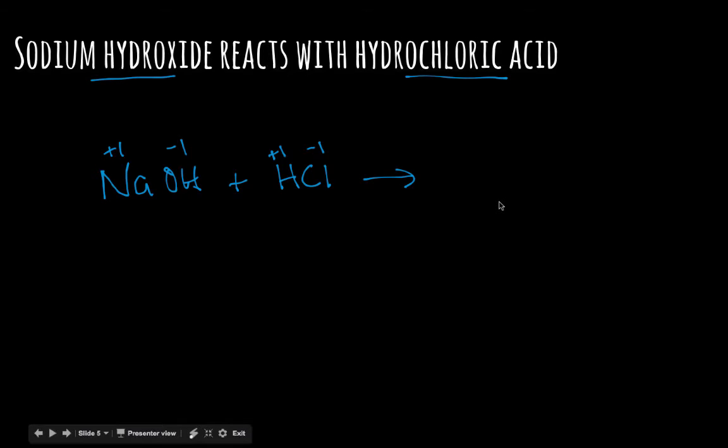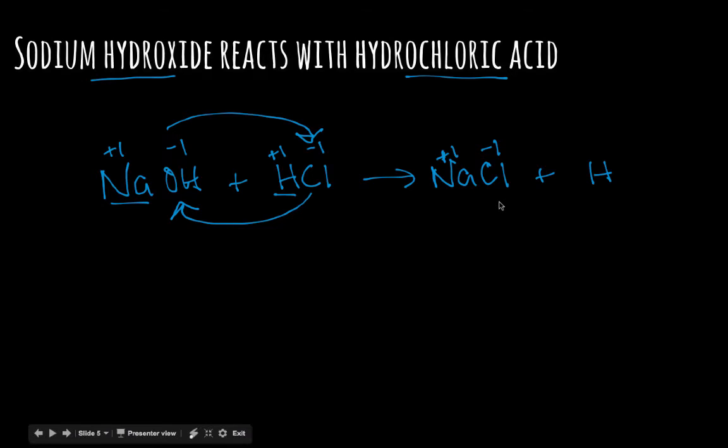So like we talked about in class, what I recommend doing is whatever is first in the reactants, you leave it first in the products. So I'm going to leave sodium first, and I'm going to leave hydrogen first. And then I'm going to switch the chlorine and the hydroxide. So Na is going to combine with the Cl. So Na is a +1, Cl is a -1, so those would cancel out.